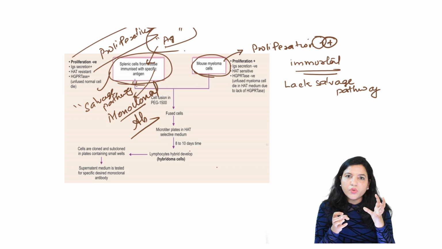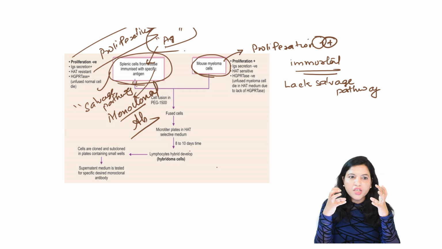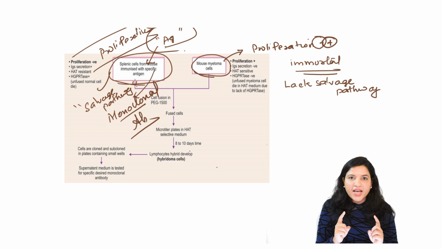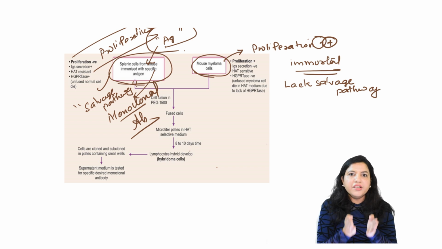And what is the other peculiarity of the splenic cell? It has the peculiarity to produce the monoclonal antibody. So if these two are fusing, we will get an immortal hybrid cell which has an immense capacity to produce a monoclonal antibody.